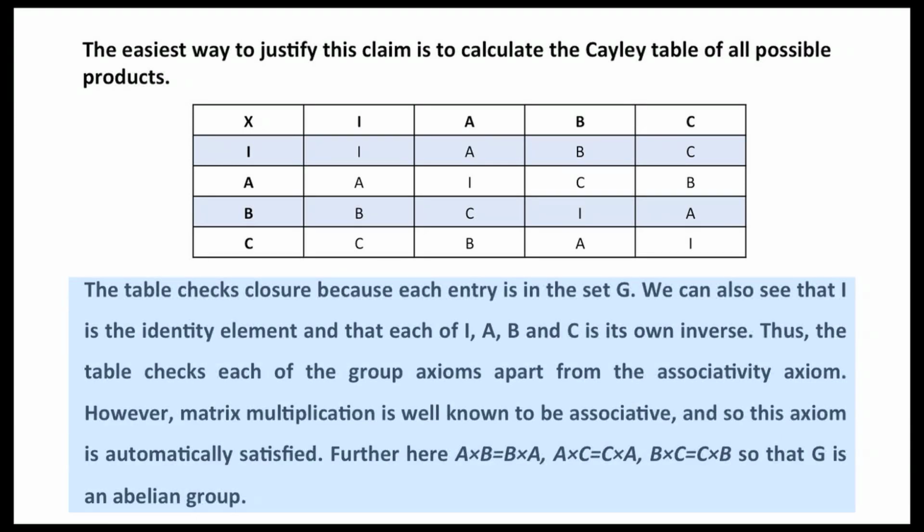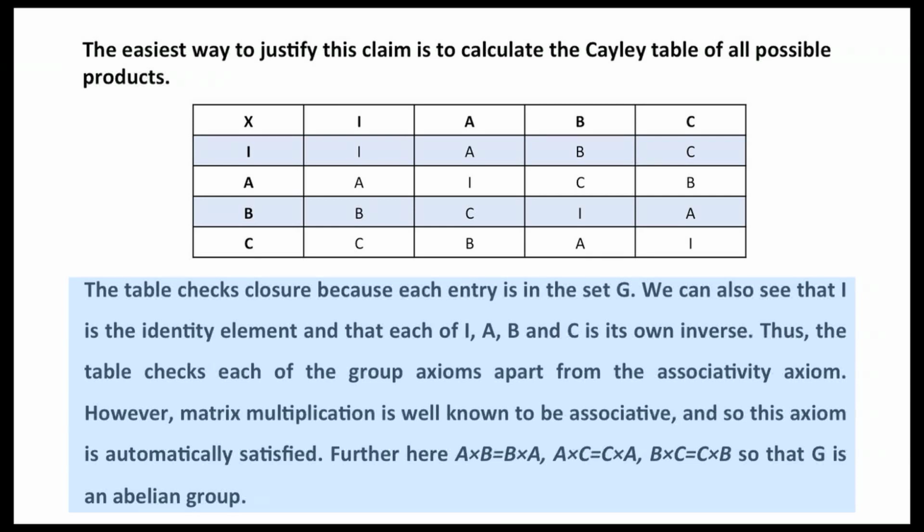The table checks closure because each entry is in the set G. We can also see that I is the identity element and that each of I, A, B and C is its own inverse. Thus, the table checks each of the group axioms apart from the associativity axiom. However, matrix multiplication is well known to be associative and so this axiom is automatically satisfied.